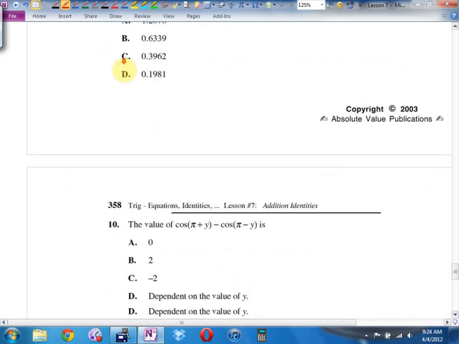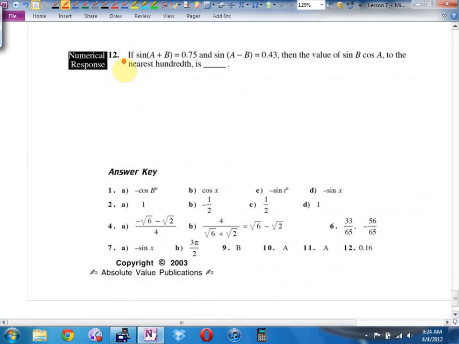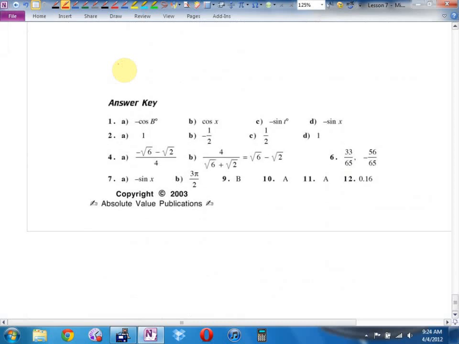Nine is okay. And then you can work on the great big identities review. We are done identities. 2 more lessons and we are done trig.